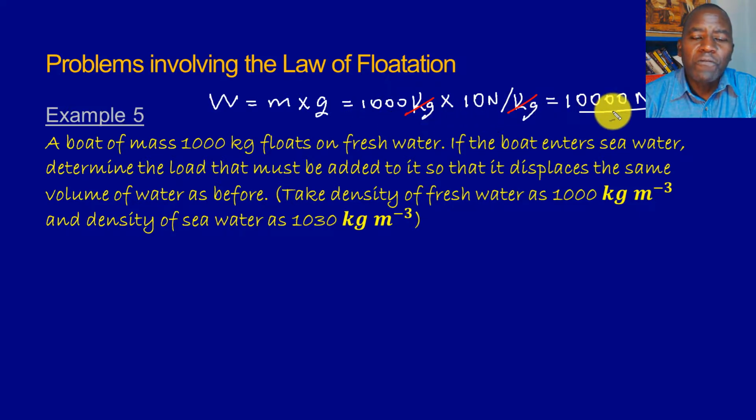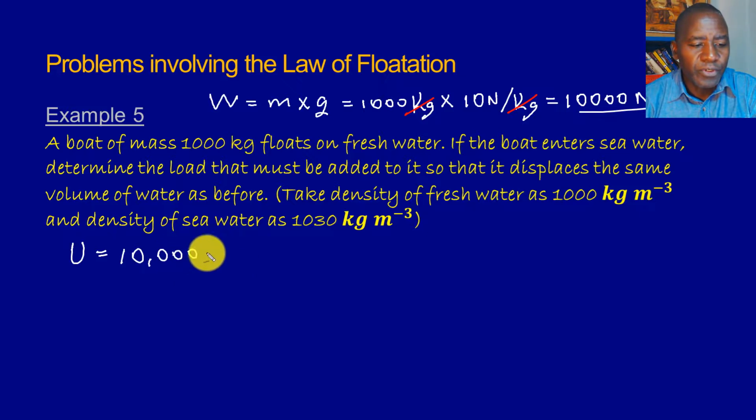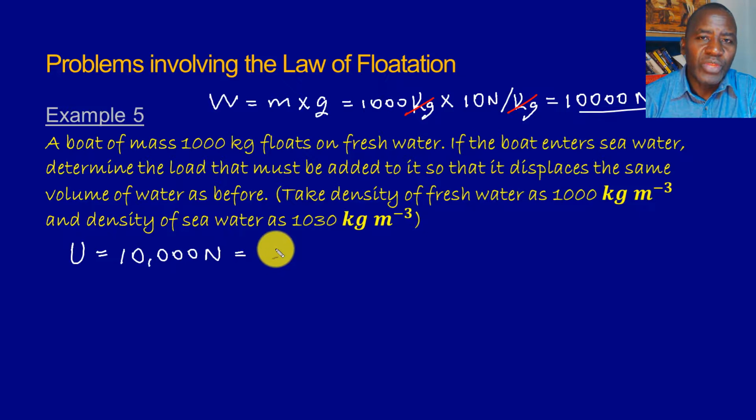According to the law of flotation, since this boat floats on fresh water, the upthrust on the boat due to the fresh water must be equal to 10,000. So, upthrust is equal to 10,000 newtons. But from Archimedes' principle, we know that upthrust is equal to the weight of the fluid which is displaced.